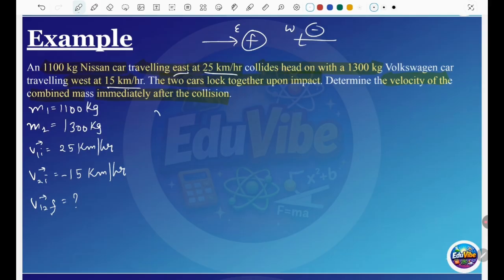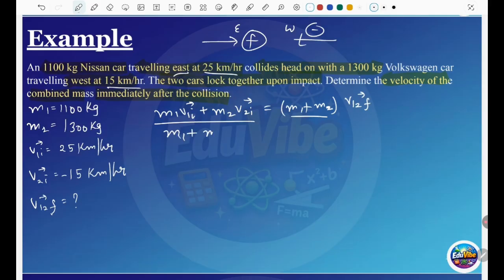So we have a formula which is m1 v1i plus m2 v2i is equal to m1 plus m2 times the final velocity. For this question, you move this m1 plus m2 over there, so it divides on this side.